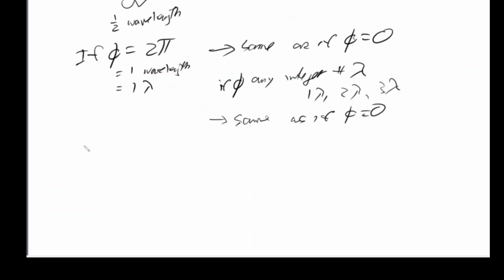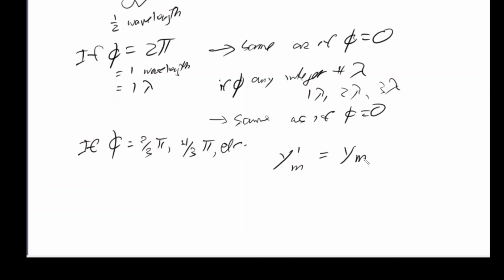And one other thing, if phi is equal to 2/3 pi, 4/3 pi, etc., then if you do the actual derivation, you'll find that the maximum amplitude of the new wave is equal to the amplitude of the previous wave.